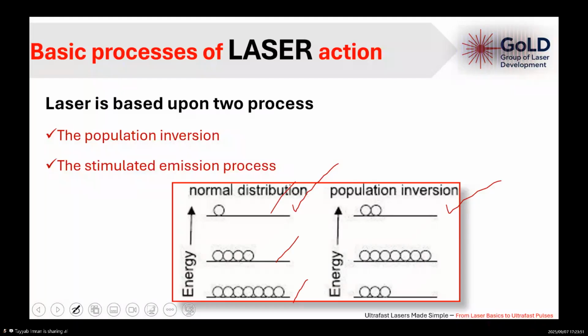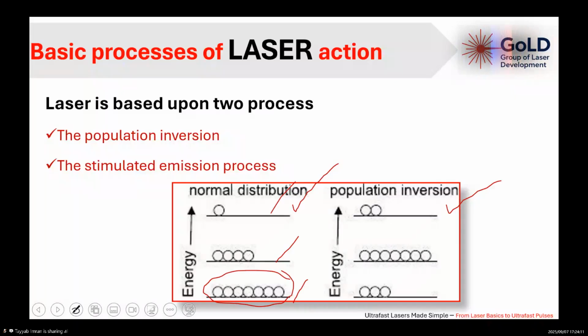So if the ground state or the lower state is populated, but higher states are not populated, it means even though we stimulate, we cannot have a laser. Okay.